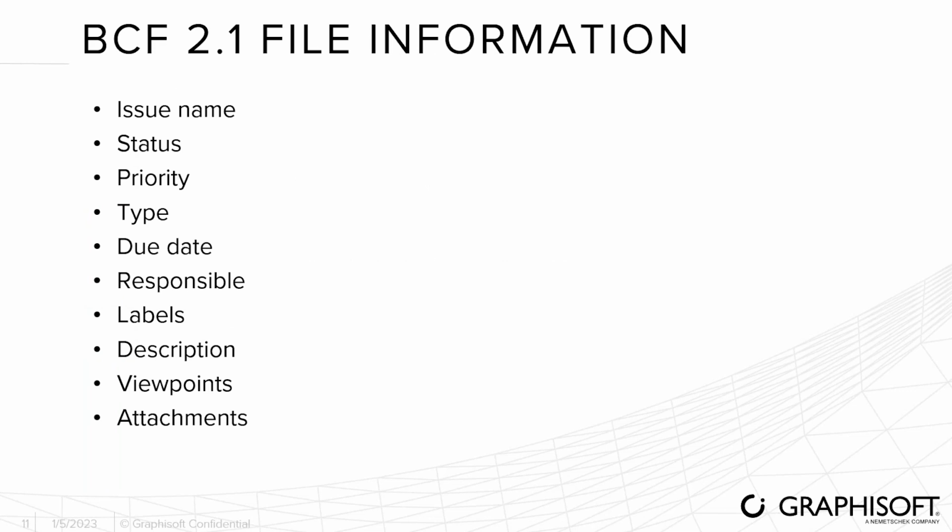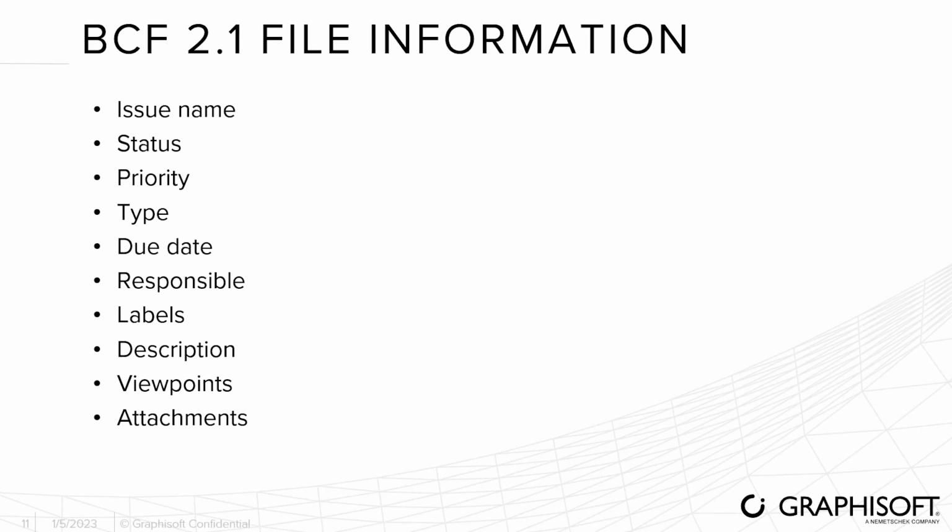So then what kind of information will consist inside this BCF file? So it consists of the issue name and the status of this issue, whether is it closed, in progress, etc. And what's the priority? Is it urgent or is it high? Then what type of issue is this? Is this a collision between elements?